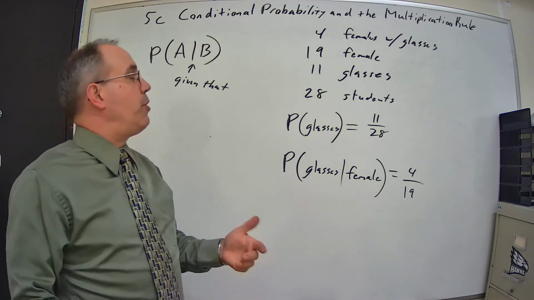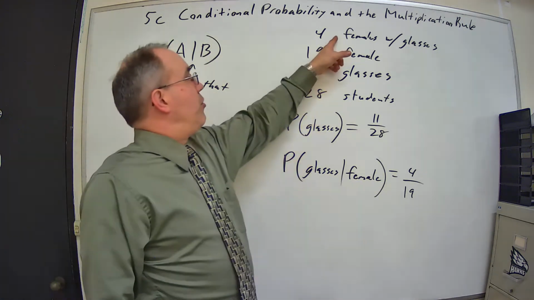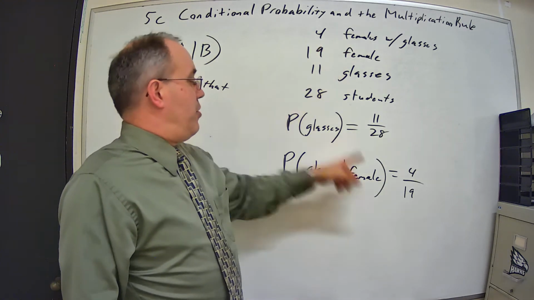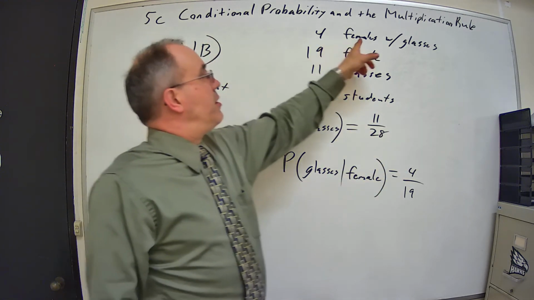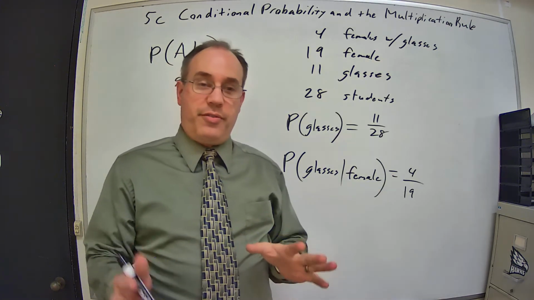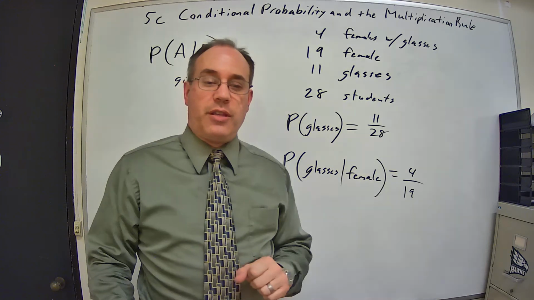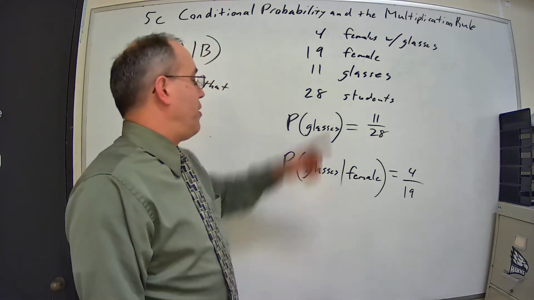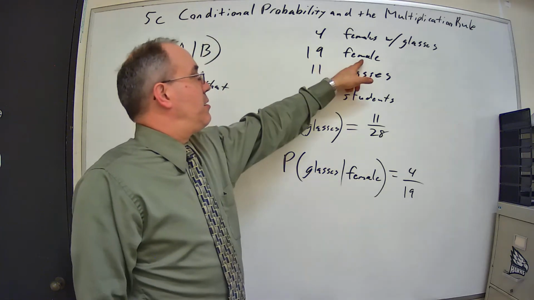And if you look at what I did here, what happened on the top? We took 4, which is females with glasses. That's both female and glasses occurring at the same time. On the bottom ended up being females.